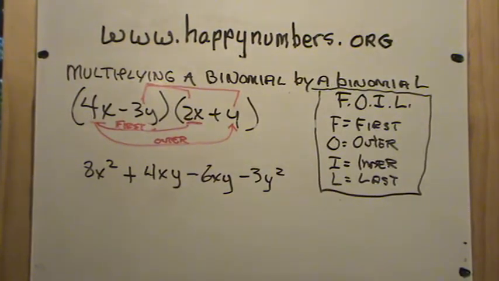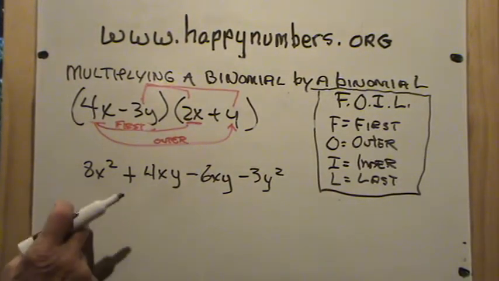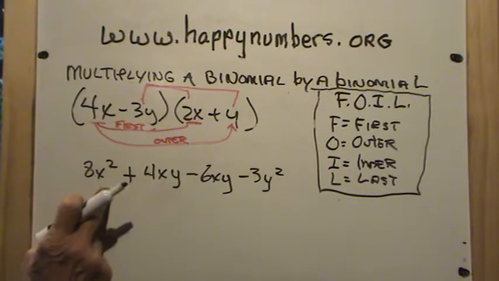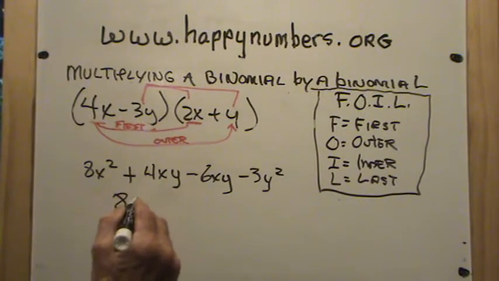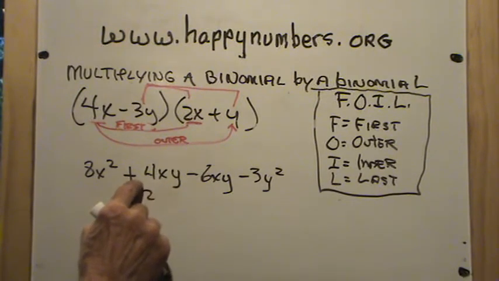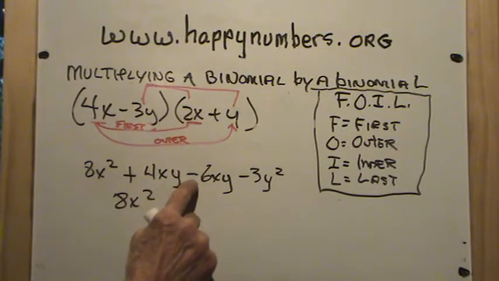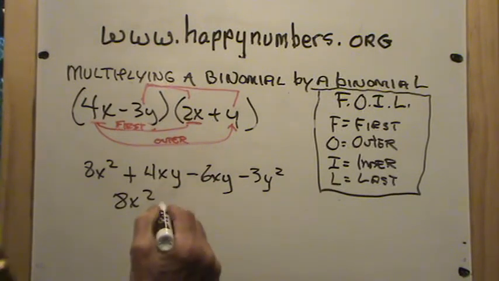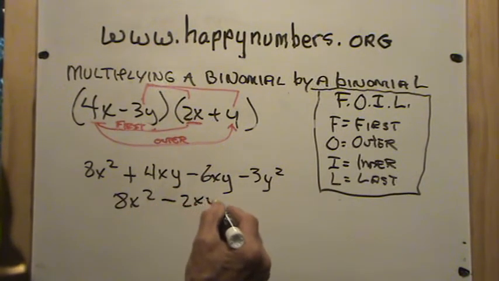And now I combine all of our like terms. Well, there is only one x squared term, so I have 8x squared. But I have two xy terms. I have a positive 4xy and a negative 6xy. Well, that would give me a negative 2xy.